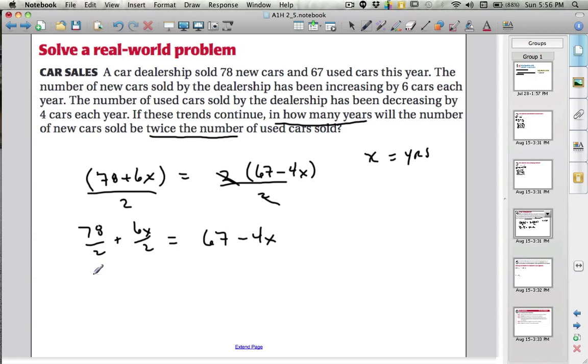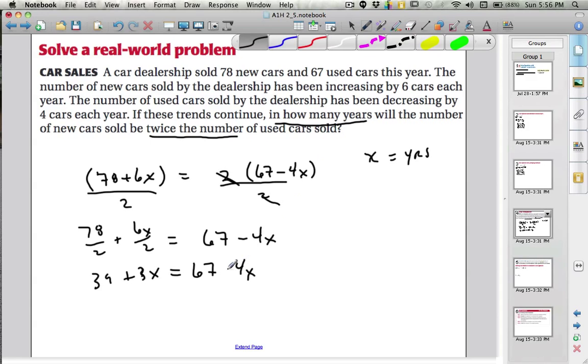Okay, 78 divided by 2 is 39, 3x divided by 2, sorry, 6x divided by 2 is 3x. Shame on me, I jumped to the answer. Oh, minus 4x. Now if I add 4x to either side, I'll get 7x here.